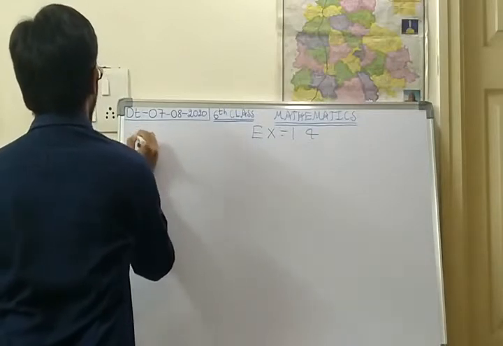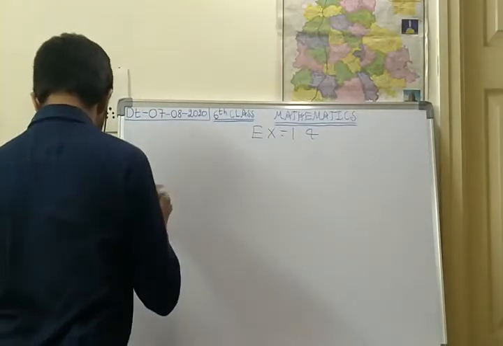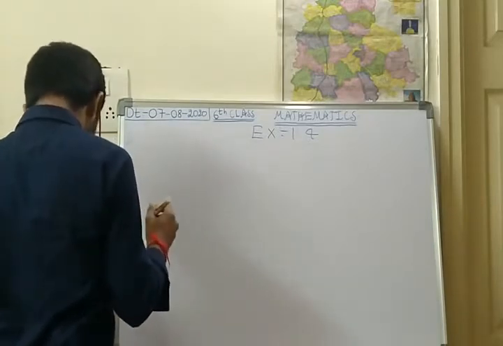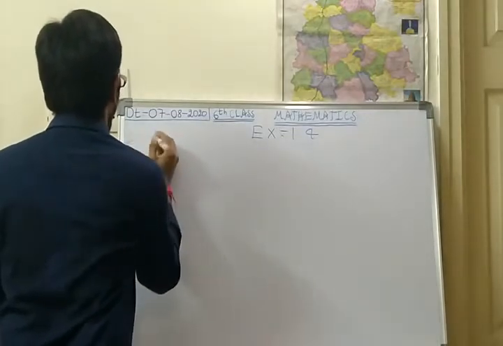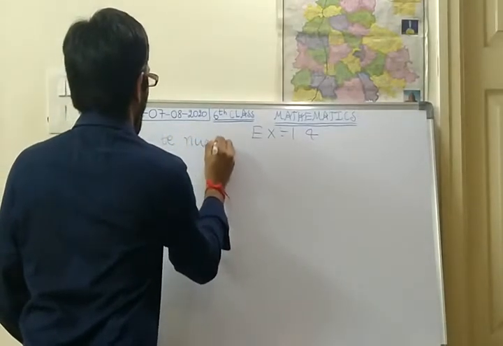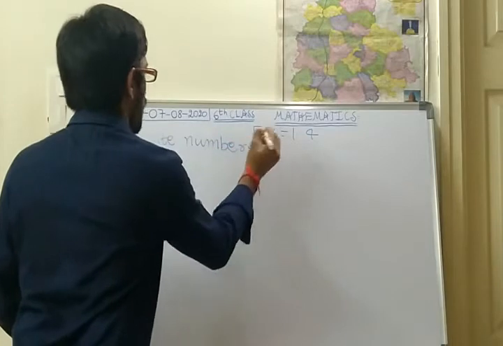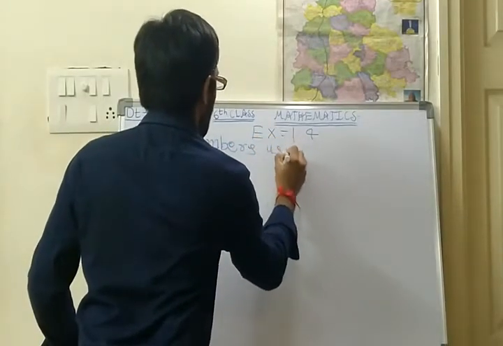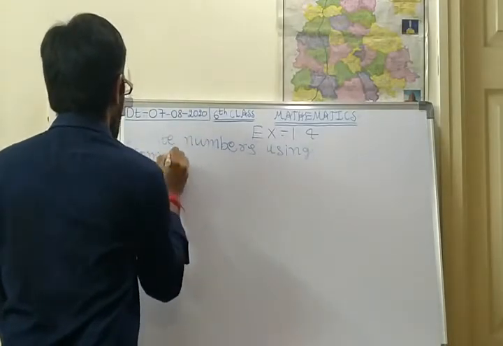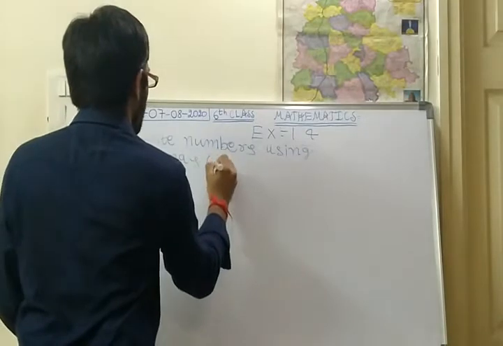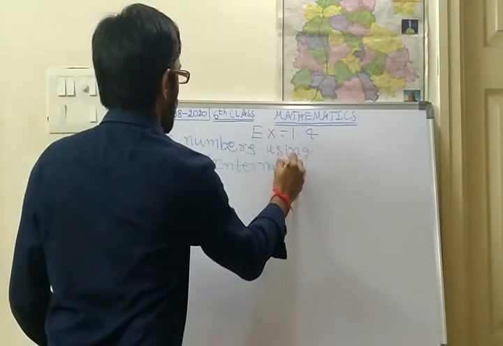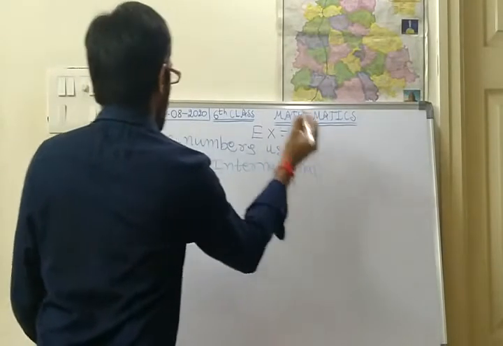First bit: write numbers using commas in the international system. In the international system you should write.